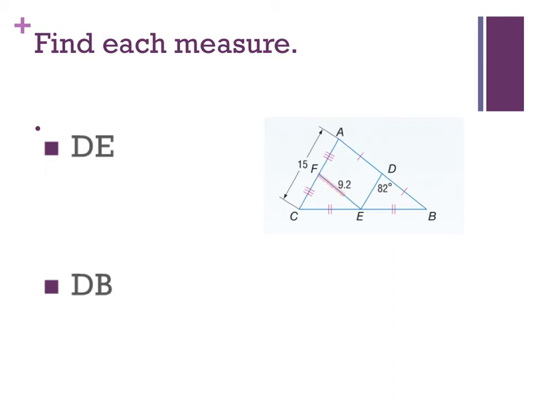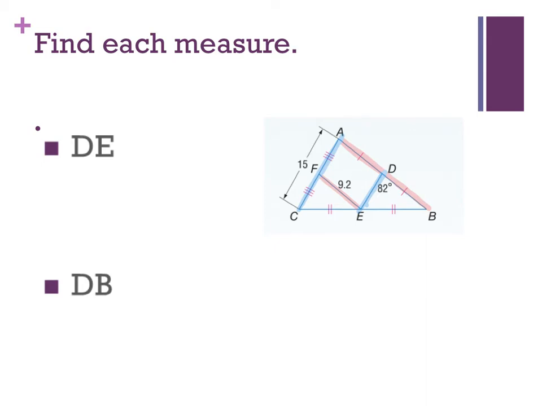So FE, the side that it can only be parallel to would be AB. And then we have DE, another potential midsegment, and it can only be parallel to AC. If you think about it like that, you can orient yourself on this picture a little easier, and it'll make the problem make a bit more sense.